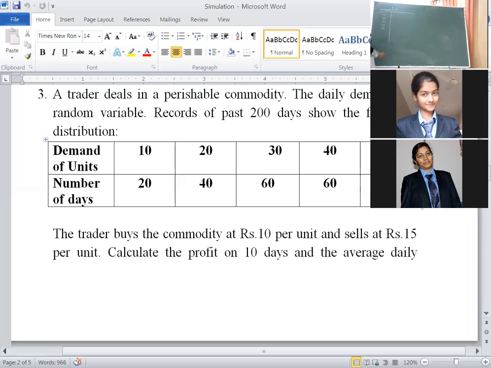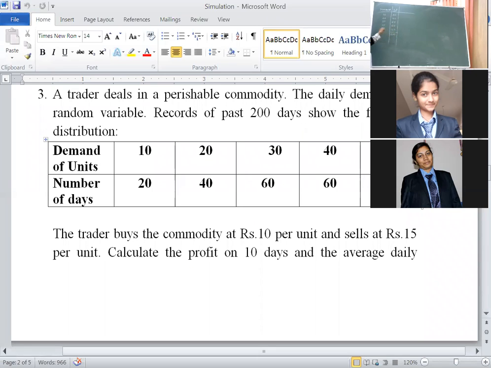Number of days means frequency is given. Frequency is always represented by the letter F. The values are 20, 40, 60, 60, 20. If you add this, you will get 200.